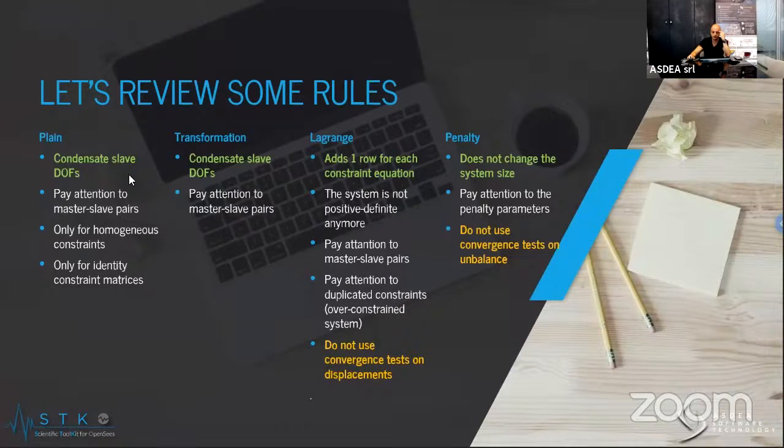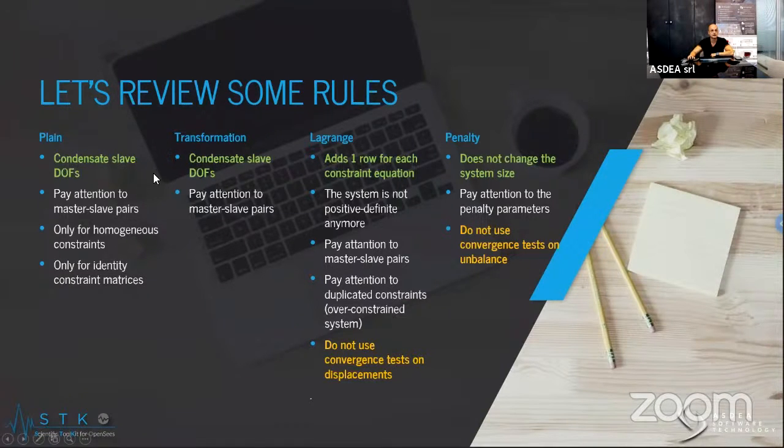For example, if you have a single point constraint, if you are fixing the displacement of a node, that row in the system matrix will be eliminated. Or if you have multi-point constraints, the slave equation will be eliminated in favor of the master equation. So both of them have this concept of condensation of the slave DOFs.